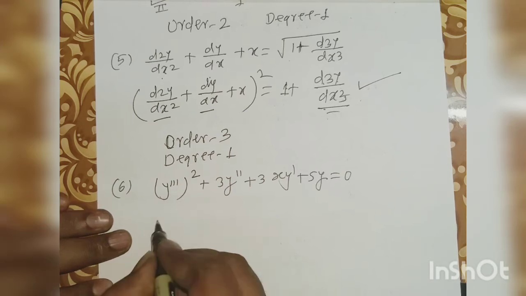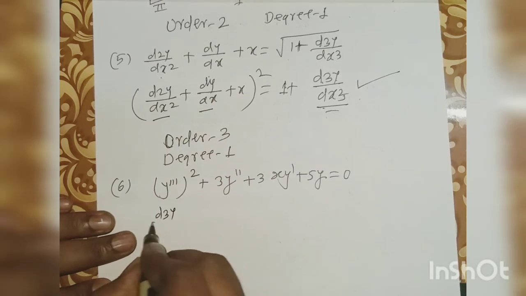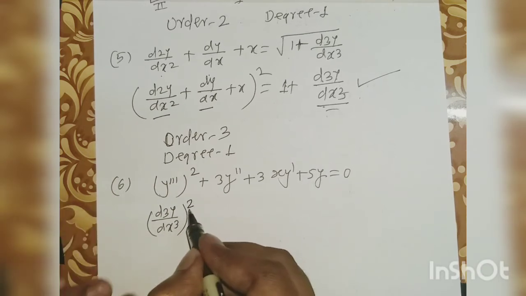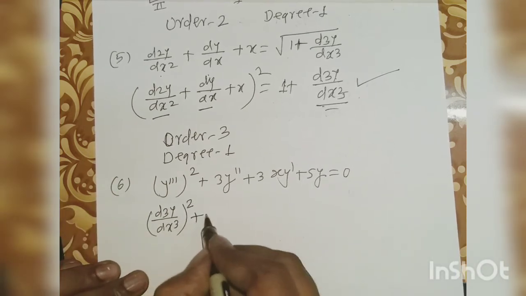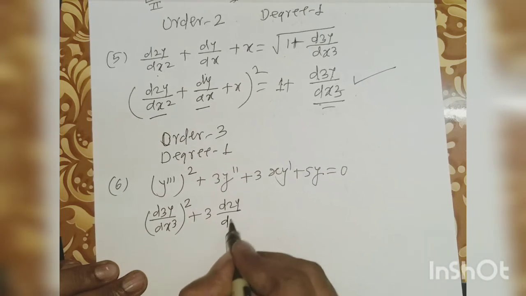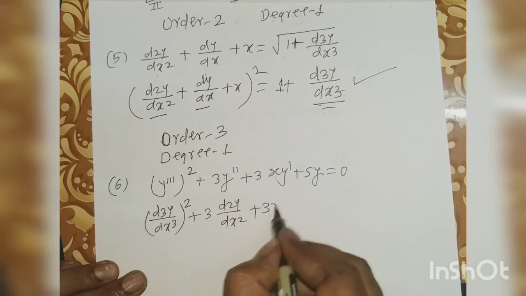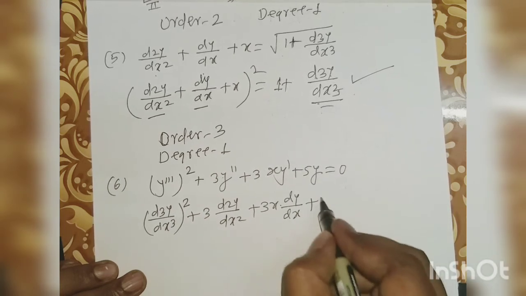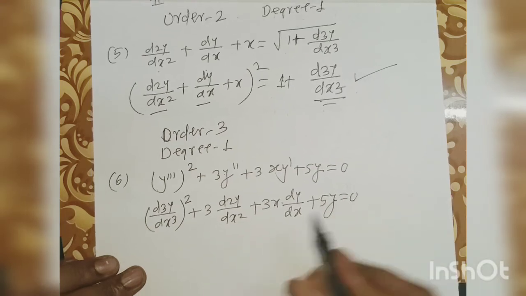Y triple dash means (d3y by dx cube) bracket raised to 2 plus 3 y double dash means second order derivative of y, d2y by dx square, plus 3x into y dash means first order derivative dy by dx plus 5y is equal to 0.